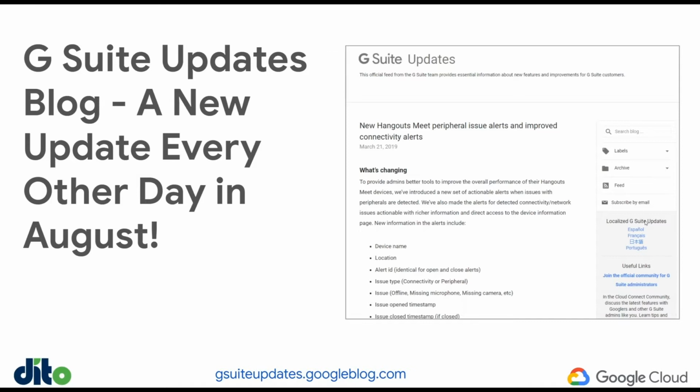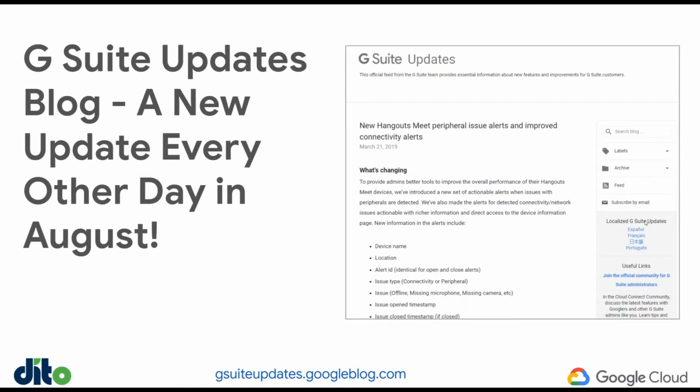This is direct from Google. And that's just gsuiteupdates.googleblog.com. You can also do a quick search for G Suite Updates blog and you'll find it. Last month, we averaged an update every other day. And by the way, these are not little tiny upgrades or updates to UI elements or a new button in a drop-down menu or in a document or a mailbox.